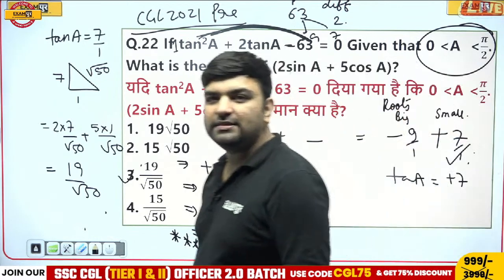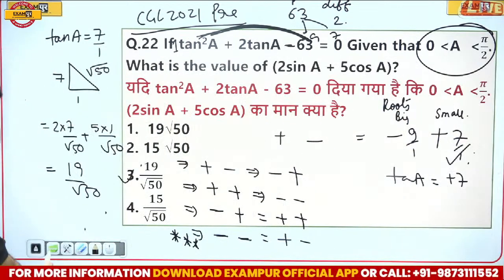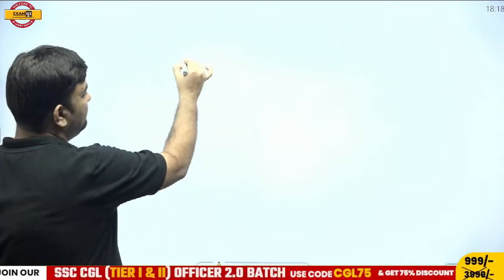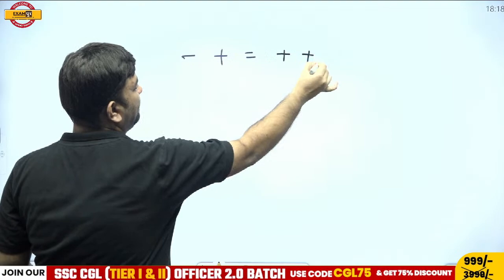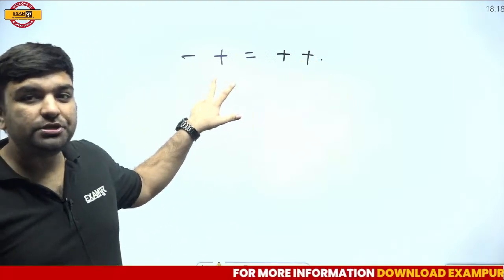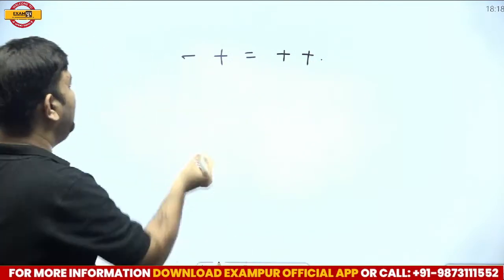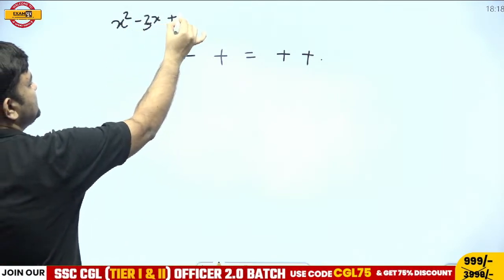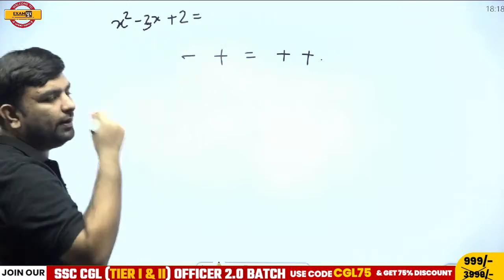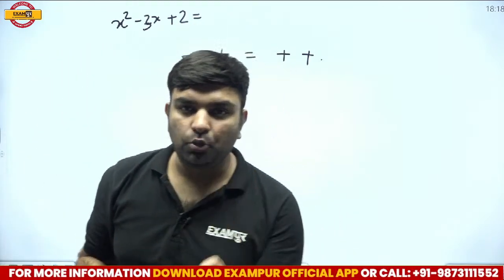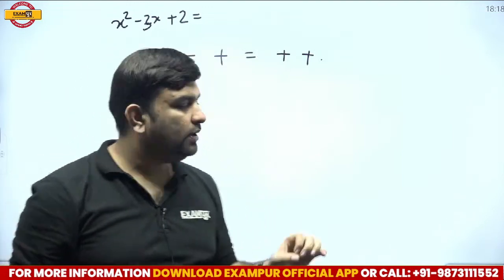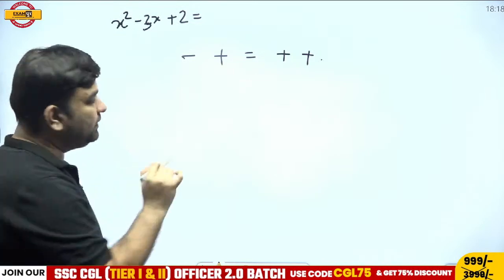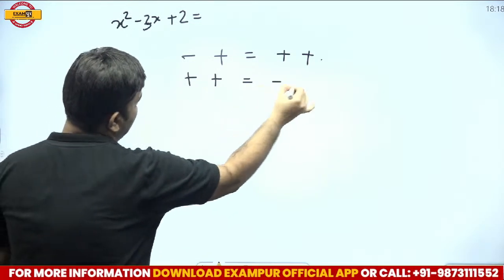How to remember, guys? Let me give you once more. First, remember the easiest: minus plus is both positive, because these are the equations which we are reading from our childhood, like x square minus 3x plus 2, roots are 1 and 2. Then I remember plus plus as minus minus.